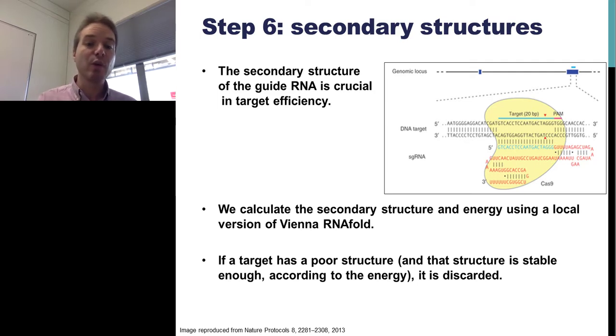So what we do is that we generate the entire sequence for the guide RNA, including the target and the rest of the guide. We calculate the secondary structure of that entire sequence, and then if the part of the guide that's used to bind to Cas9 has a poor structure, and if that structure is stable enough based on the energy, then we discard that target because it's not going to be efficient, since it won't be able to bind correctly to Cas9.